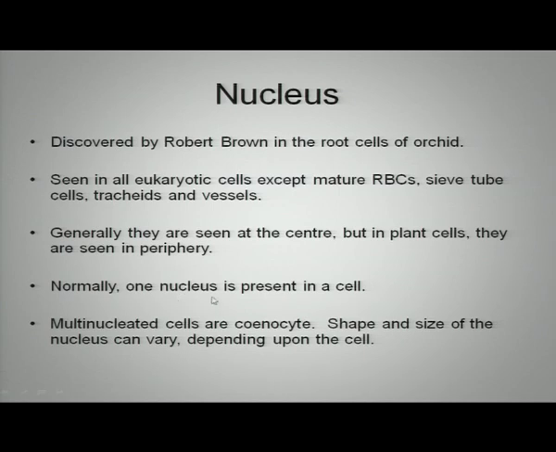Normally, a single cell consists of only one nucleus, but there are certain cases where a cell contains many nuclei. Such a cell with many nuclei is known as a coenocyte. The shape and size of the nucleus can also vary depending upon the functional status of the cell.